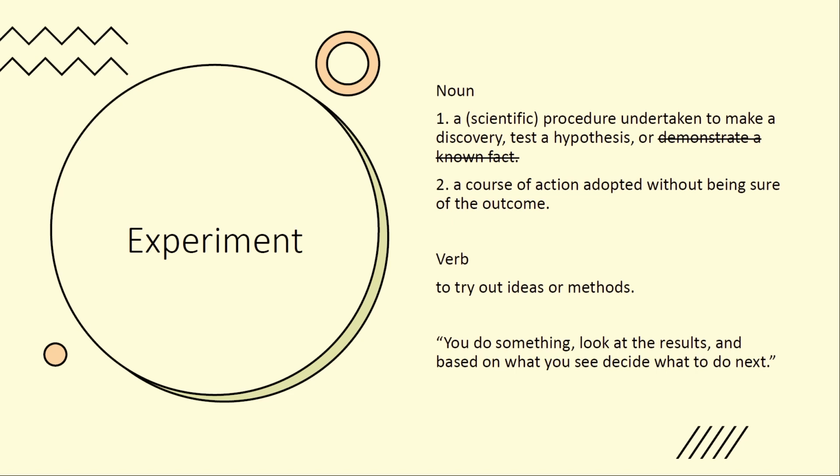Often in the messy world of materiality, it will produce slightly different results, right? But then you're looking at the results that are produced and you're deciding what to do next. Your decision might be to repeat exactly the same experiment and just explore the variation that comes from repeating the same course of actions. Your decision might be to tweak your experiment a little bit so that you can push it in a certain direction. And in that way, our experiments can become more focused over time as we tweak them as we go along.